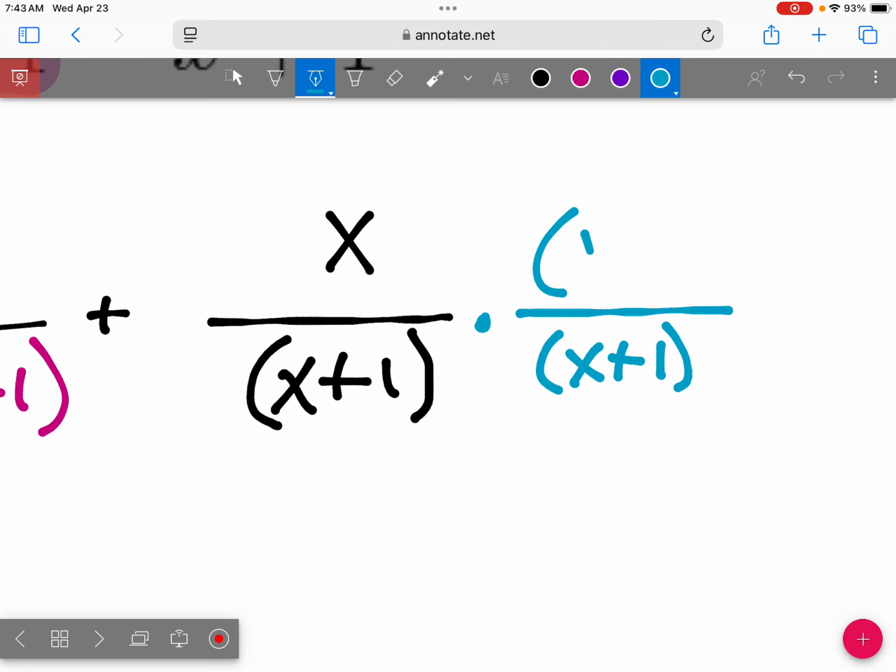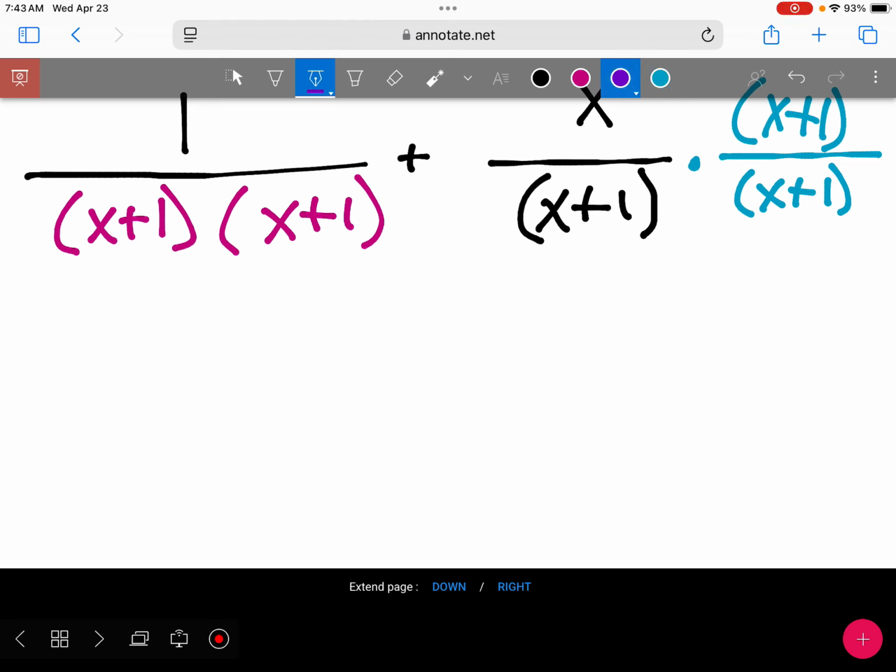So it's going to be x plus 1 over our x plus 1. So we have to multiply by a funny looking 1. Once we do that, they have a common denominator. So let's get that written down.